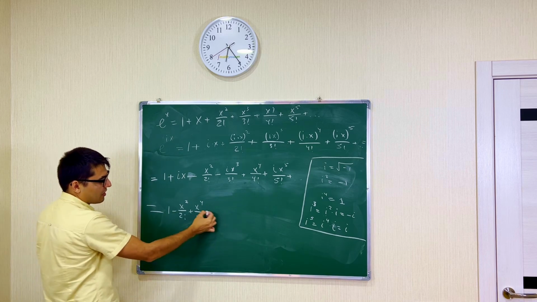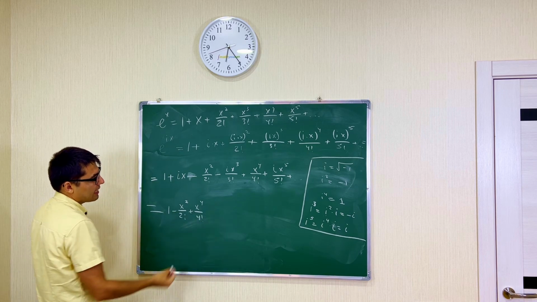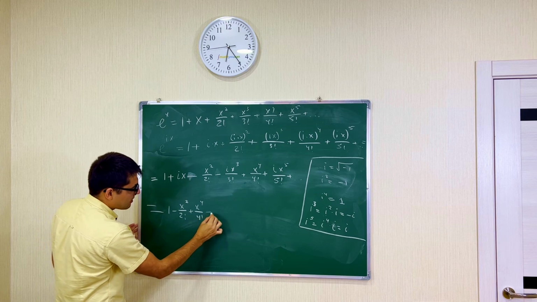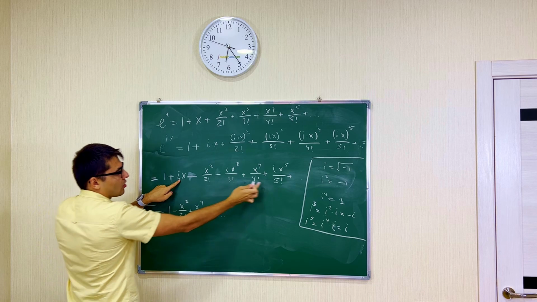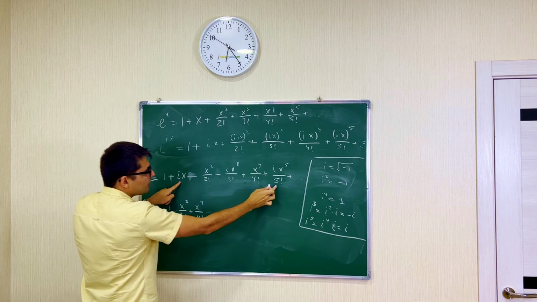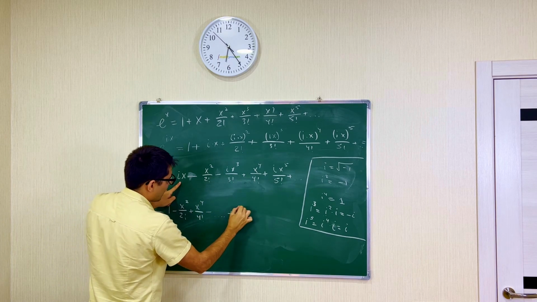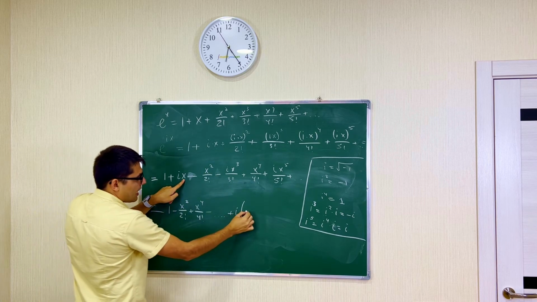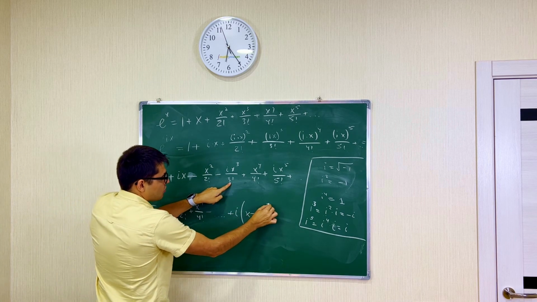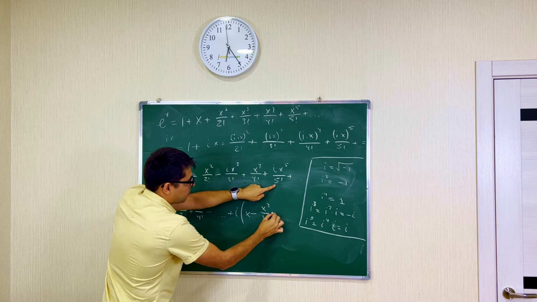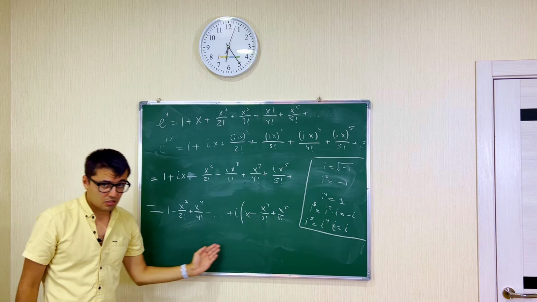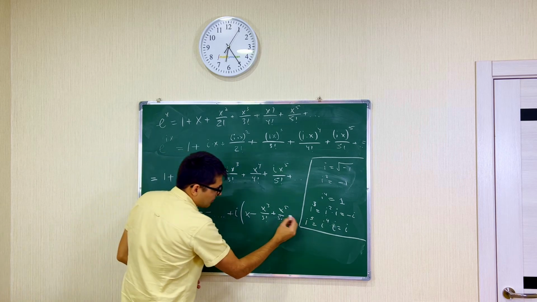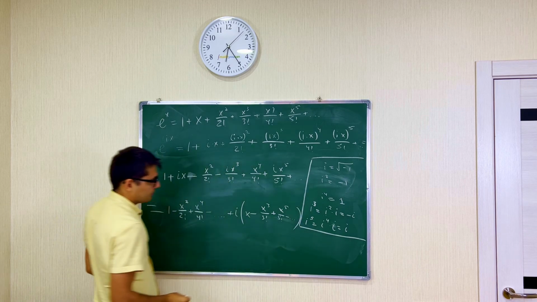By the way, you can predict what will happen next. So I'm gonna write minus and so on, and I will continue with the terms that contain i, and I will take i out of the brackets. I will have x minus x cubed over 3 factorial plus x to the 5 over 5 factorial, and again we can continue that as well, and so on.